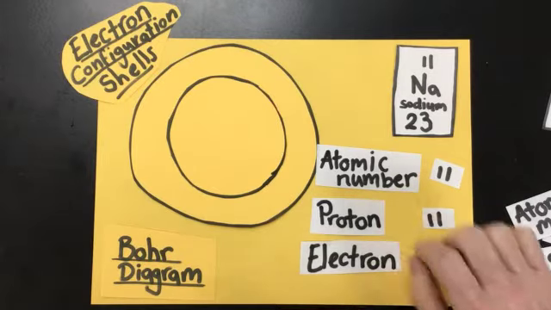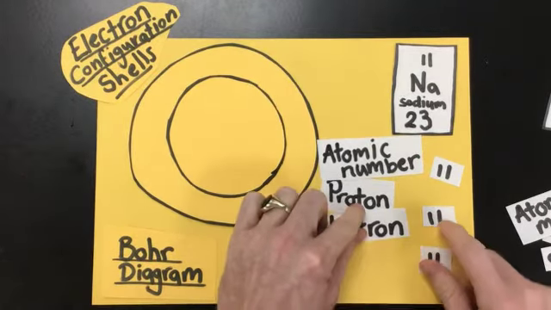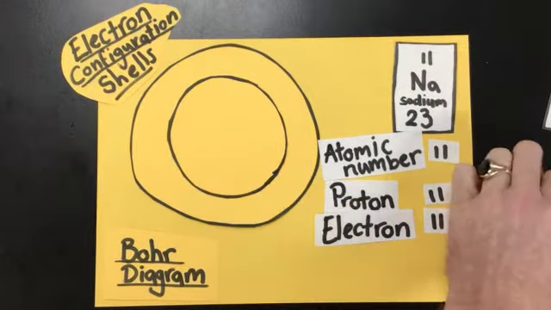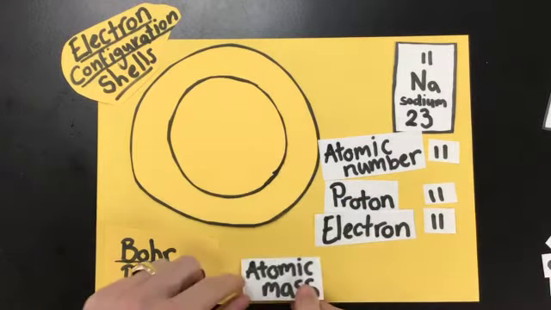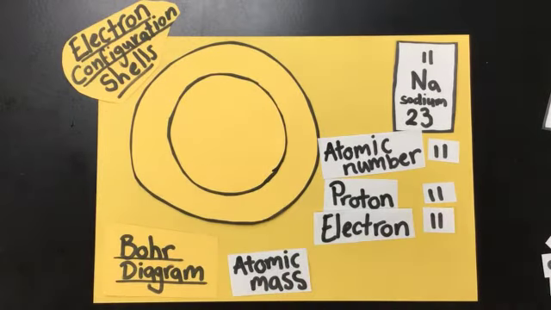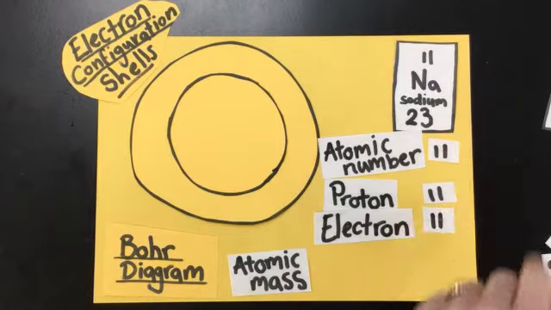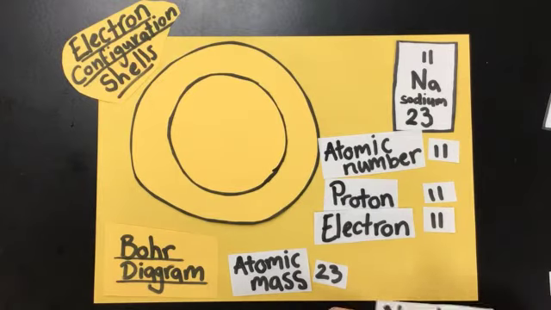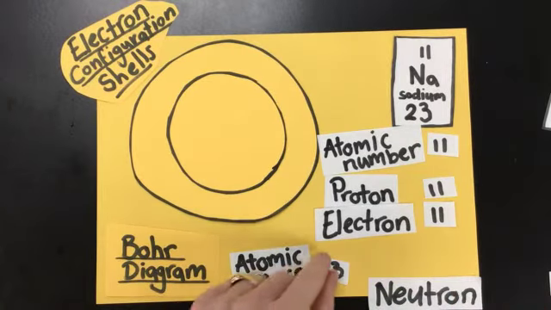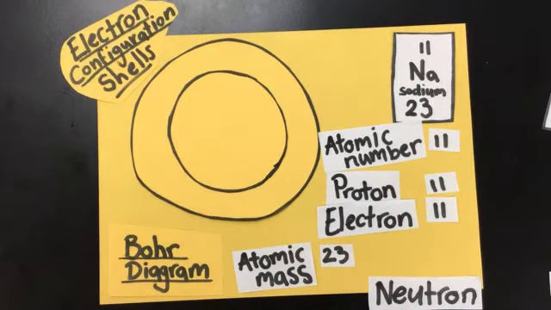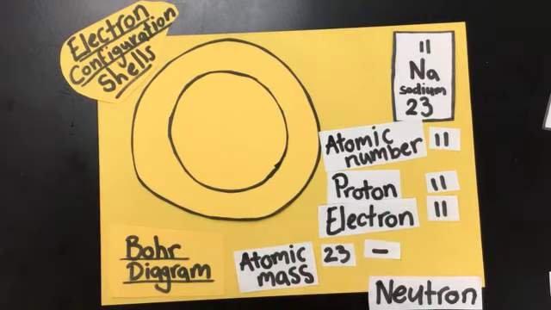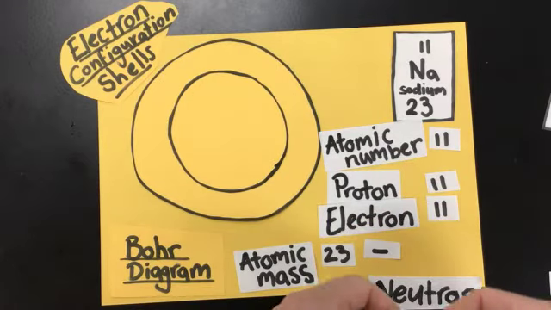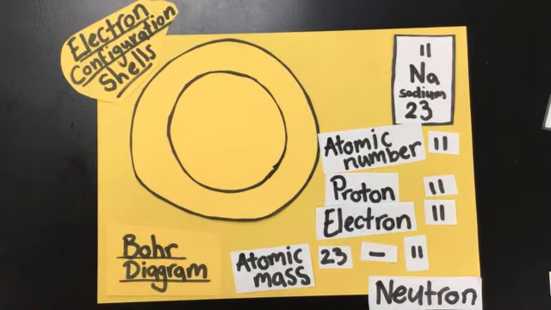Now, how could we work out my neutrons? Well, my neutrons require me to know what my atomic mass is. In this case, my atomic mass is that bottom number there, or 23. And my neutrons would equal 23 minus my atomic number, which in this case is 11, which would equal 12.